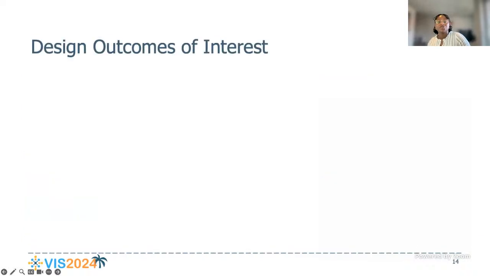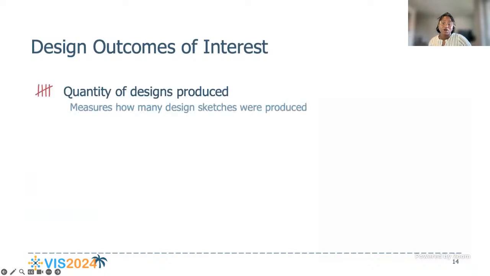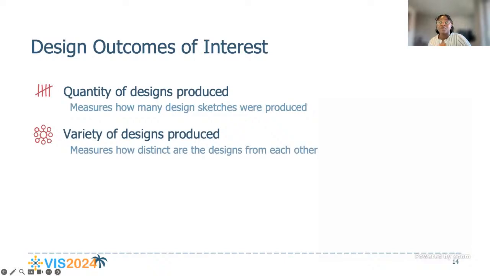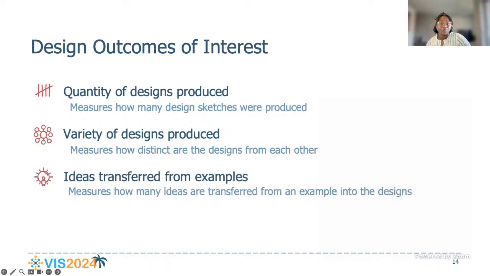Now, in regards to design outcomes, we focus on the quantity of design sketches produced by participants, the variety of designs, which measures how distinct the designs produced by a participant are from each other. And then we also measure the number of ideas that are transferred from examples into designs.